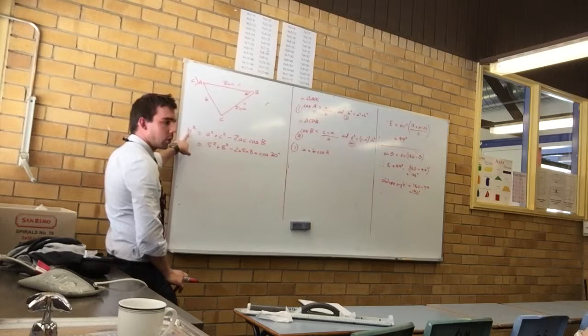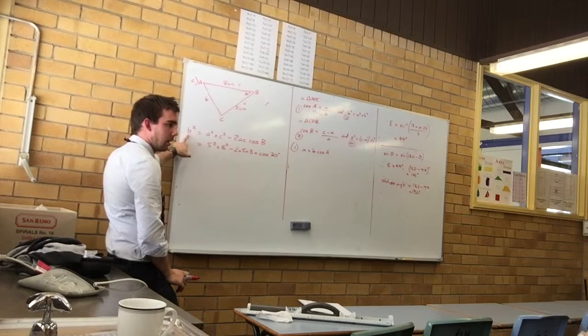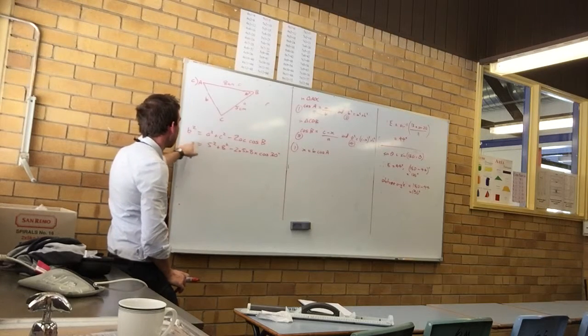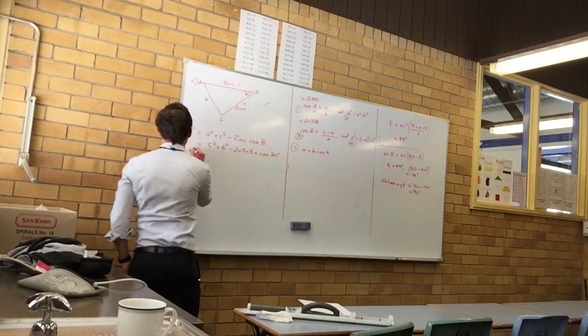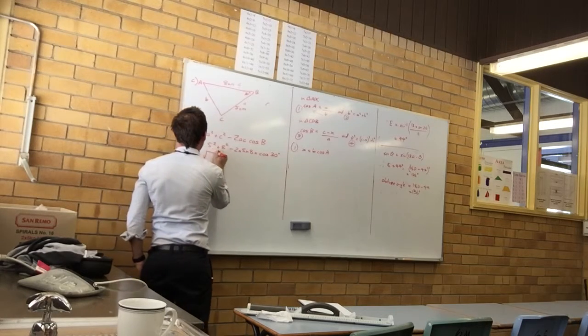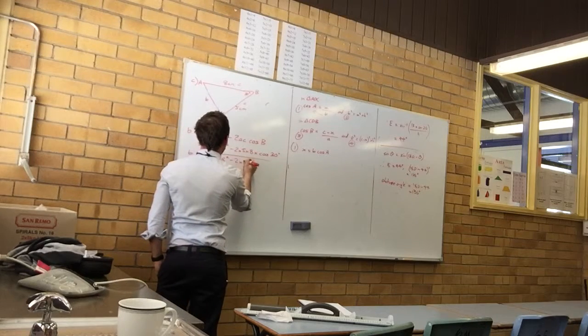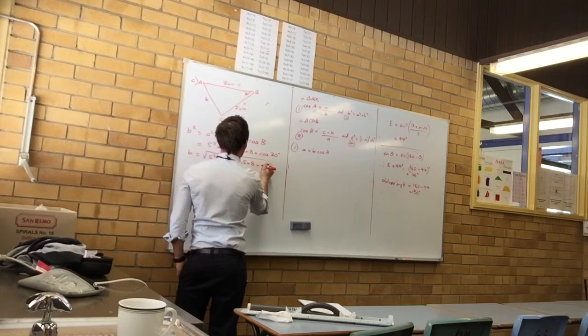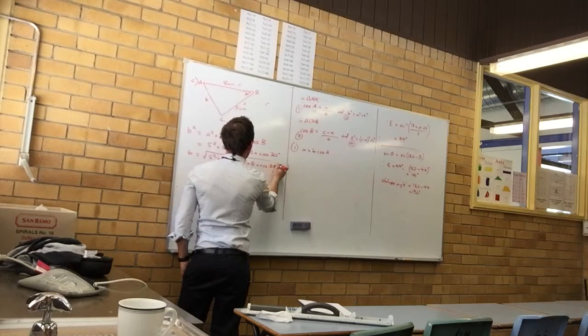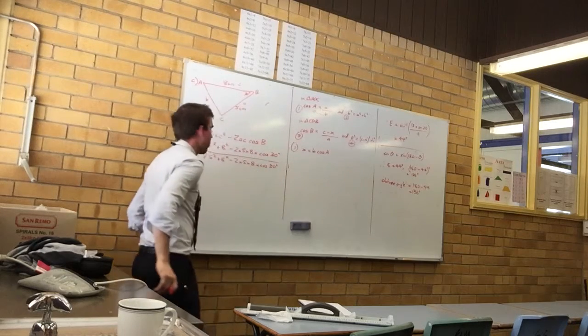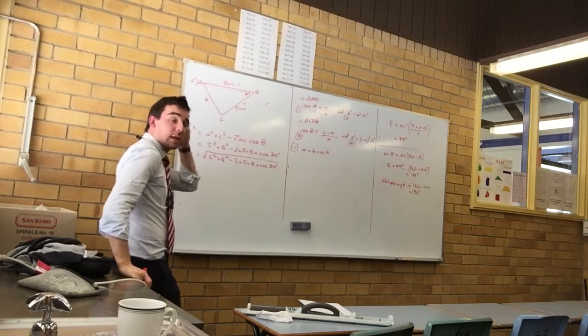The subject of your equation is b squared, so what you will need to do is then take the square root of all that. So the square root of 5 squared plus 8 squared, take away 2 times 5 times 8 times cos of 30 degrees. Okay, so that's the next thing you will need to do.